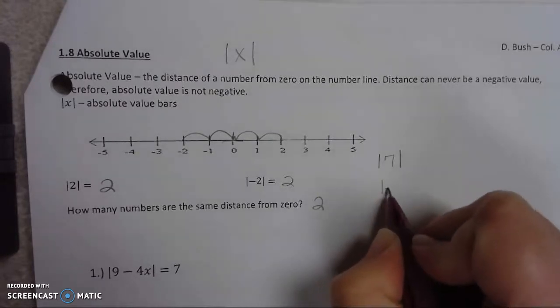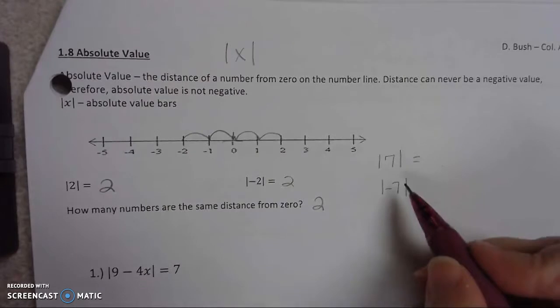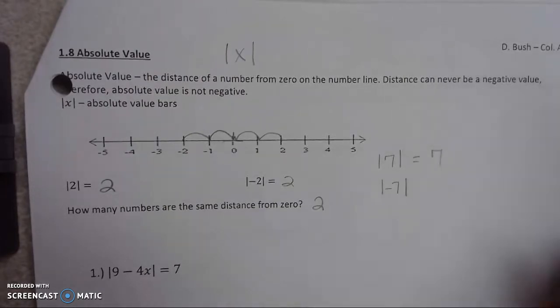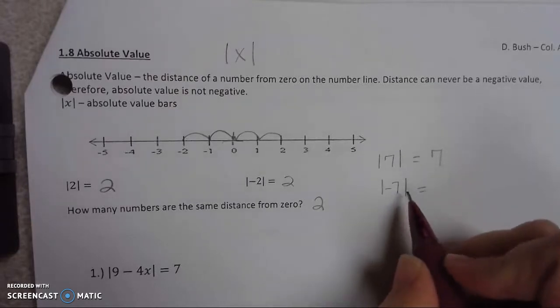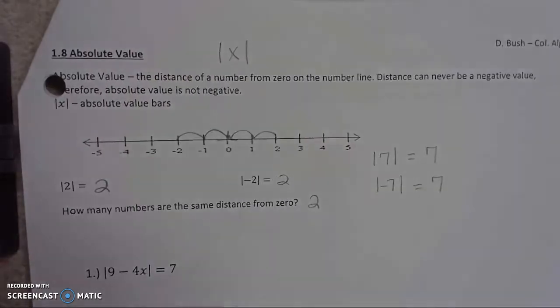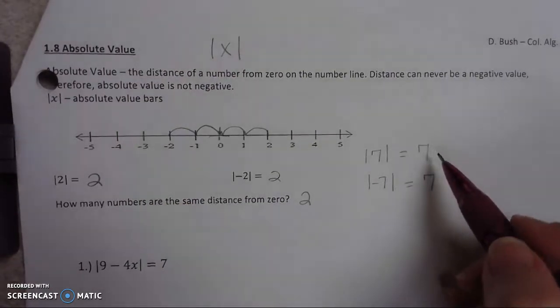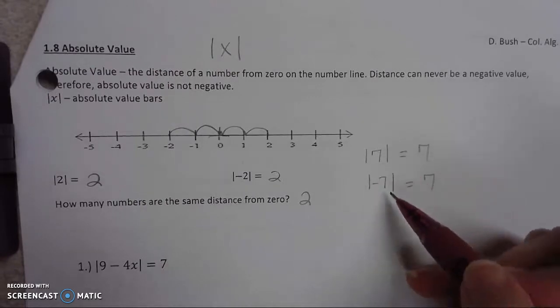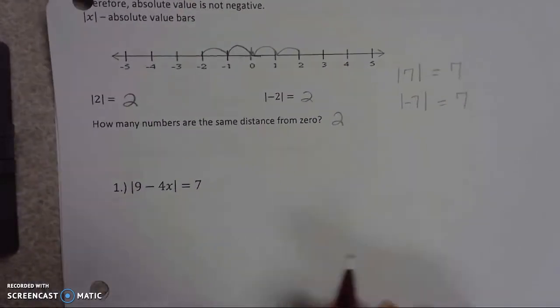So 7 and negative 7, if we looked at those. What is the absolute value of 7? 7. What is the absolute value of negative 7? Or what is its distance from 0? Also 7. You could look at any variety of numbers, and you would find that there are always 2 that have the same distance. So we have to keep that in mind whenever we start to solve equations.